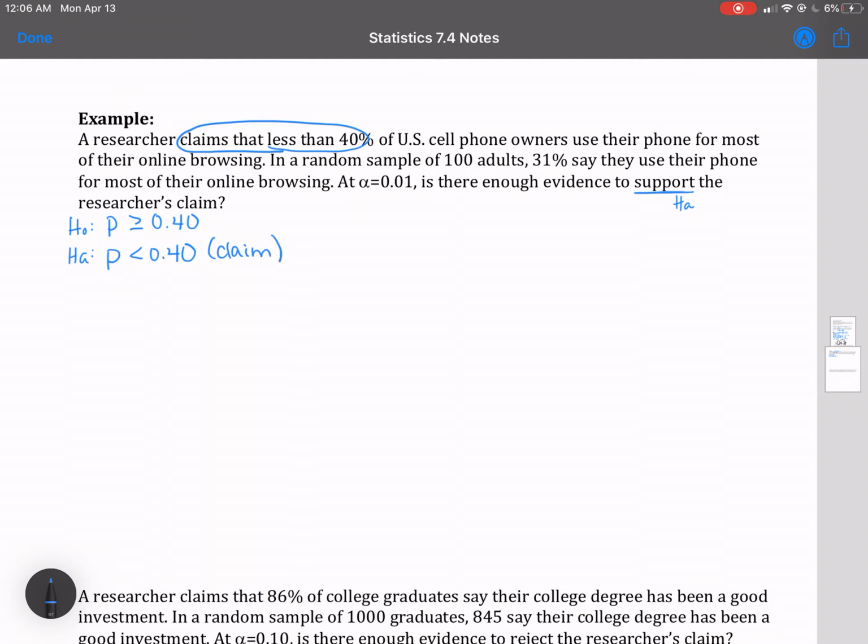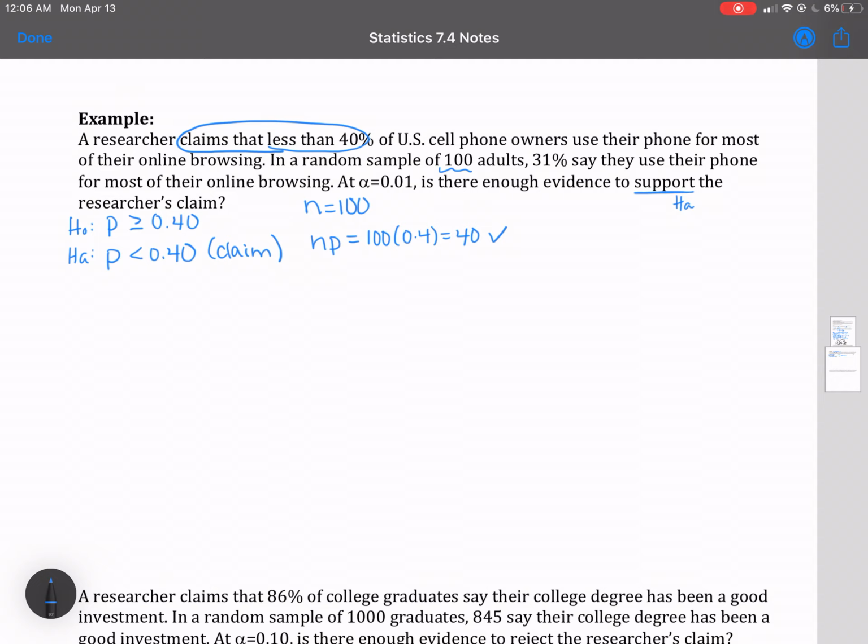Okay, so now I'm going to actually do that first step that we had written on the previous page. So in a random sample of 100, that means n equals 100. So we need to test np and nq. So np would be 100 times 0.4, which equals 40.